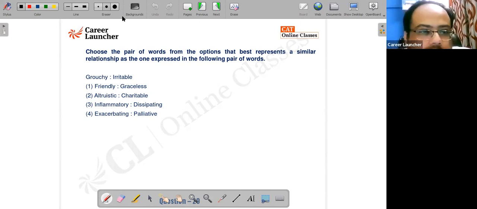Parul, which question is that? Correct. 29 correct, Parul. Vaishnavi, different answer for question 29.